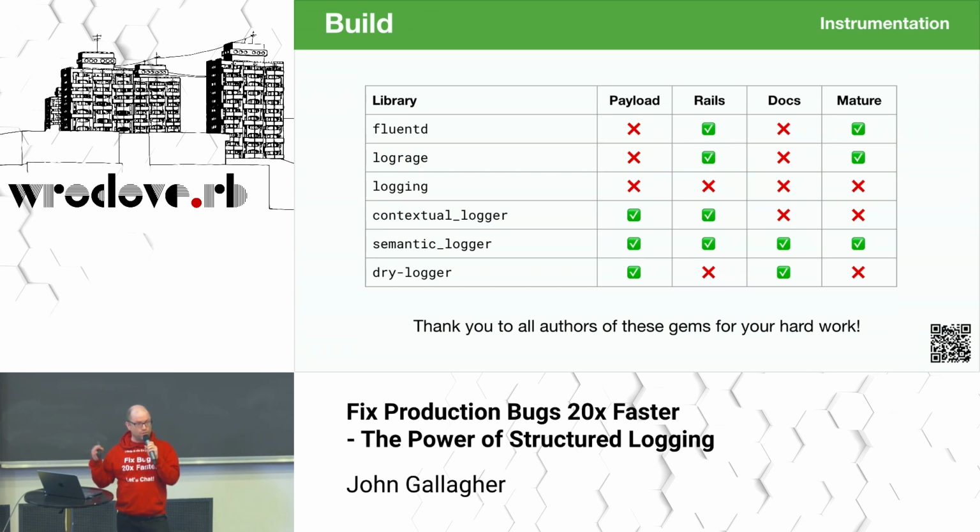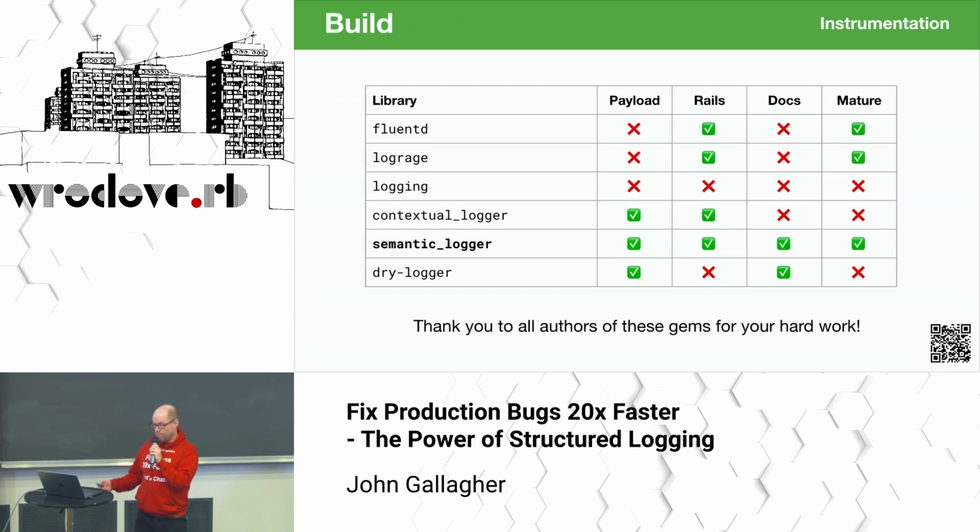I've also excluded anything from this slide that is maybe less than a year old. So there are some logging tools that are coming up that are quite promising, but they're just not quite mature enough yet for production use. We've been using Semantic Logger for 3 years now, at BiggerPockets in production, and it's solid as a rock.